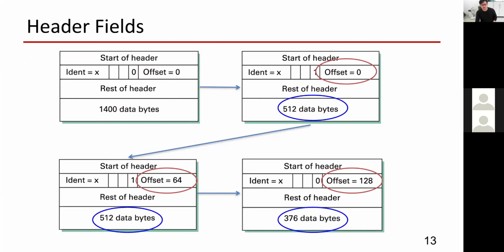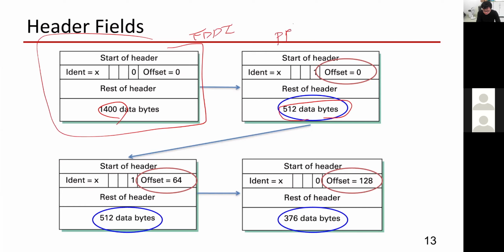So this is the physical header information, a typical header. So this is my 1400-size message. At that point, I have to divide it into a smaller size. Then I only deliver to this, this is FDDI, this is PPP. So I have to make it smaller.